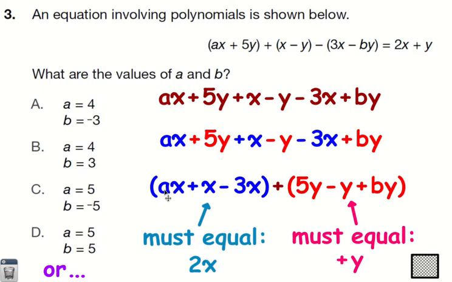And now I think it's not that big of a leap to think about what A would have to be so that ax plus 1x minus 3x would equal 2x. What would that have to be? What plus 1 minus 3 would equal 2?